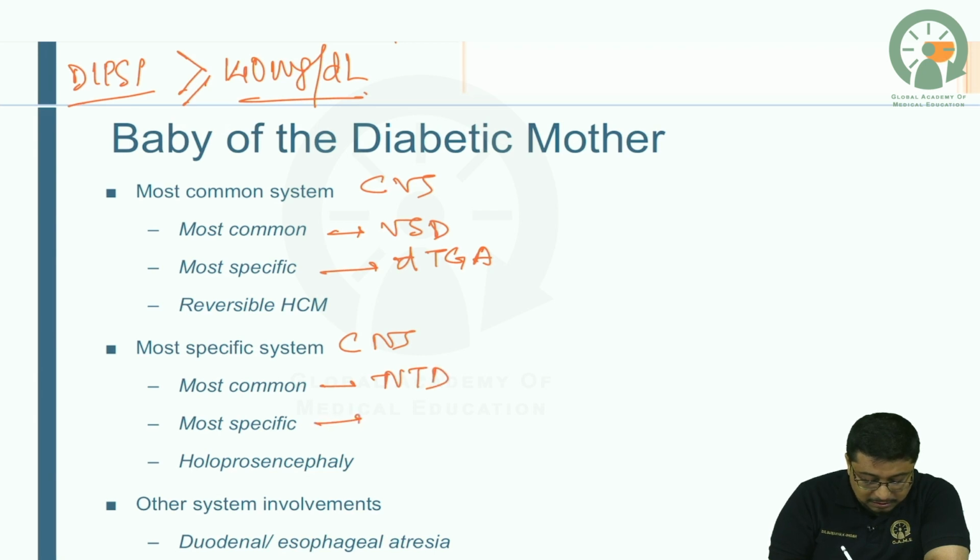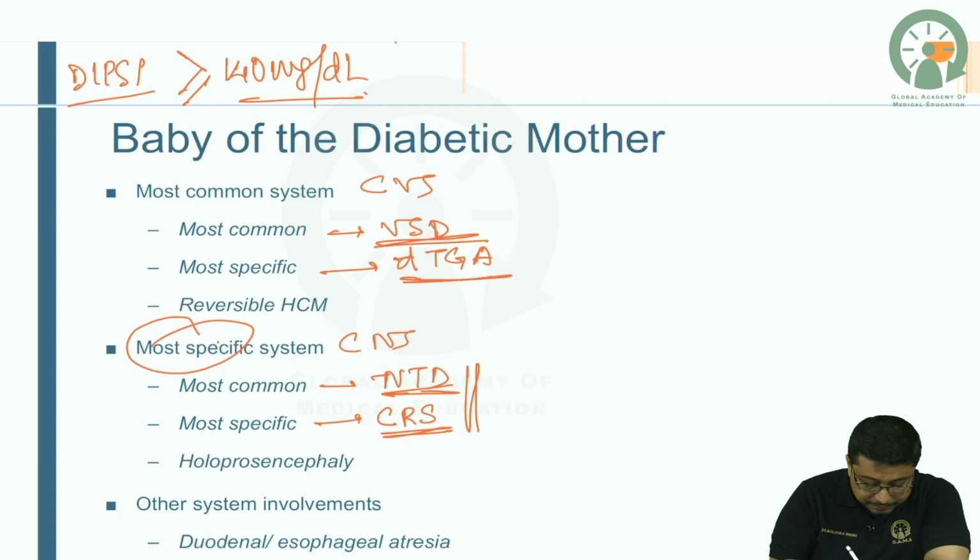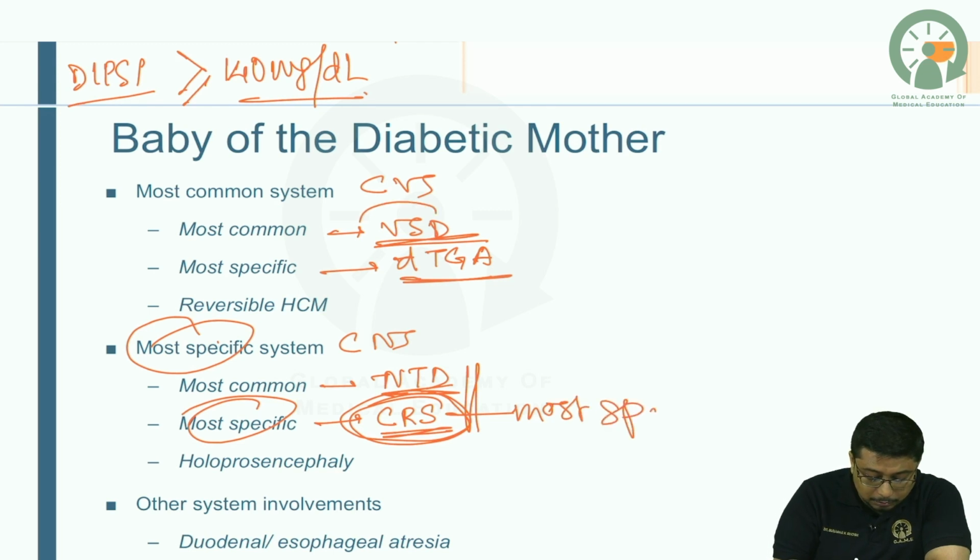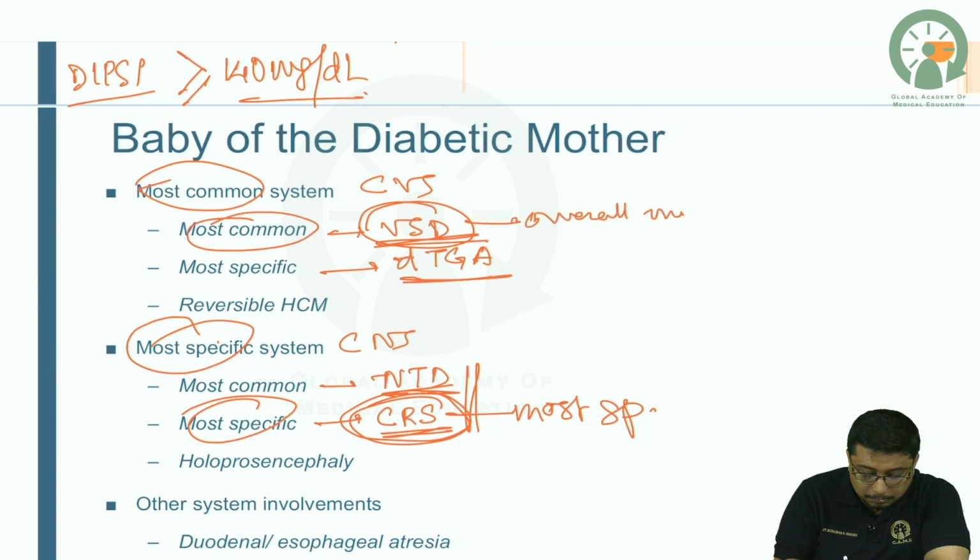And most specific in CNS is caudal regression syndrome. So caudal regression syndrome is overall most specific, right? And overall most common system, most common manifestation, is VSD. So this is overall most common.